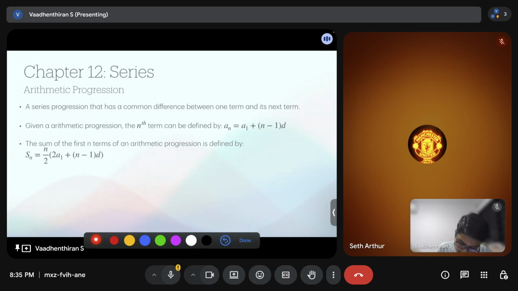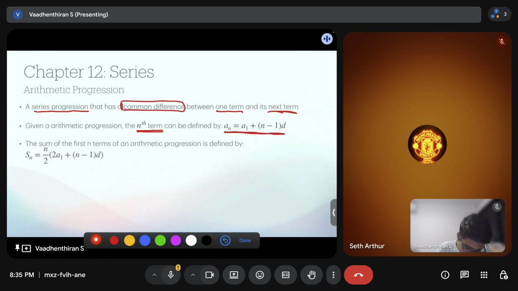So arithmetic progression is basically a series progression that has a common difference between one term and its next term. So given an arithmetic progression, the nth term can be defined by a n equals a1 plus n minus 1 d. This is the first term in the series.